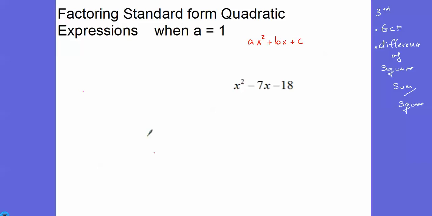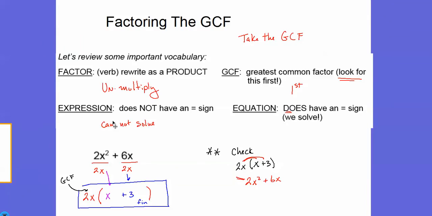So let's go back for a second to review two things. This is our factoring notes. First, factoring. What does it mean? It means to unmultiply or to rewrite as a product. Secondly, the greatest common factor. This is what you do first always.